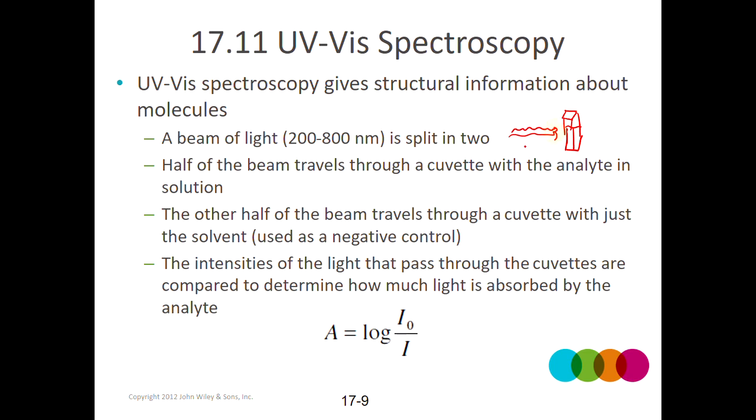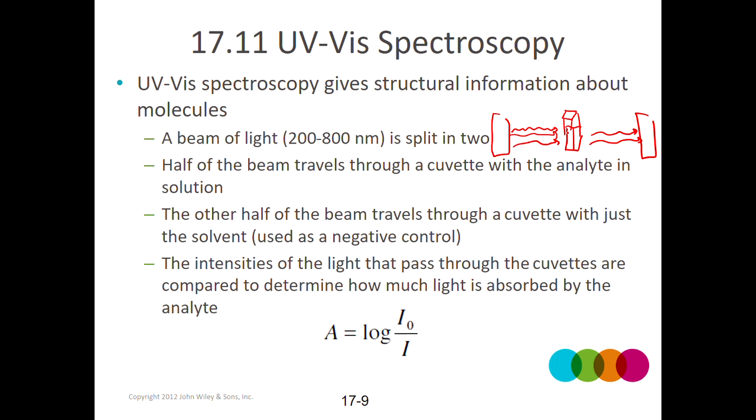You'd have some shorter wavelengths, you'd have some longer wavelengths, and if the molecule in there has a specific energy gap between its HOMO and LUMO that matches one of these wavelengths, well then the other wavelengths will make it through, but the one that's absorbed won't come out the other side. So the instrument knows what wavelengths it shot through the sample, and then it reads what wavelengths made it out. And it subtracts to find out which wavelength was absorbed by that sample.